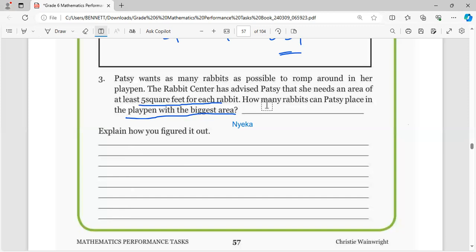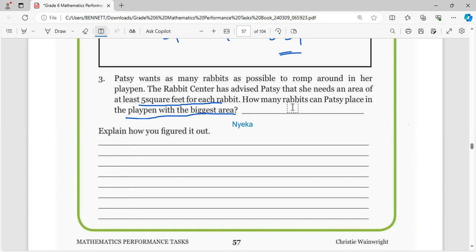Guys, I'm getting confident by the moment. Alright, so the person that said they don't understand, did you figure it out yet? Did you read over this where it said Patsy wants as many rabbits as possible to romp around in her playpen? The Rabbit Center had advised Patsy that she needs an area of at least 5 square feet for each rabbit.